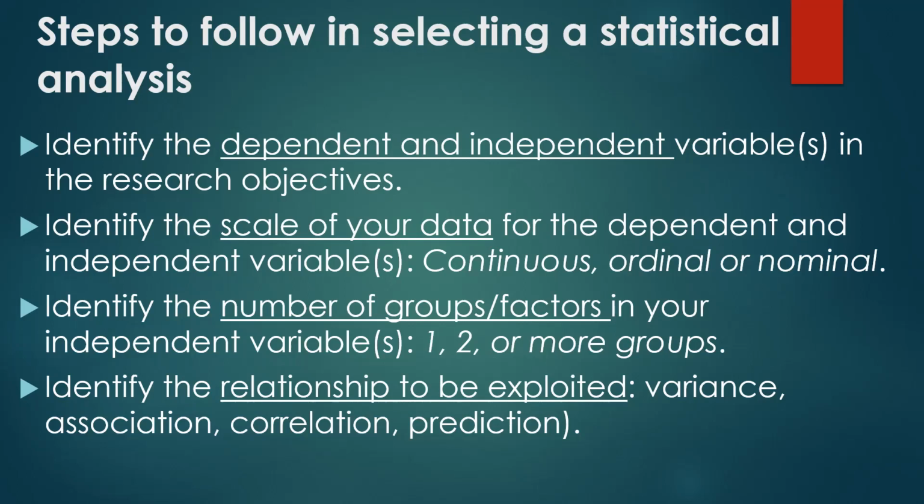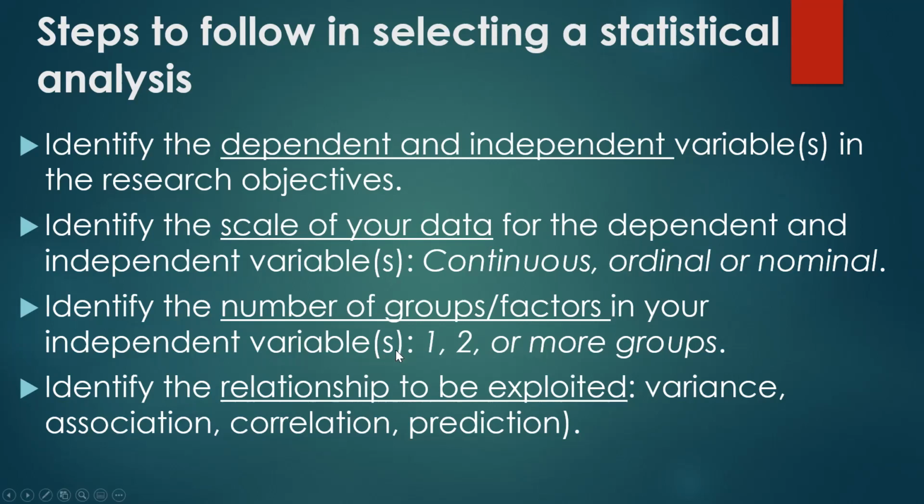It is very critical to identify your independent variable and also the groups or factors in that independent variable. For some statistical analyses to be possible, you need 2 or more groups. For other statistical analyses, the independent variable can be only one group.